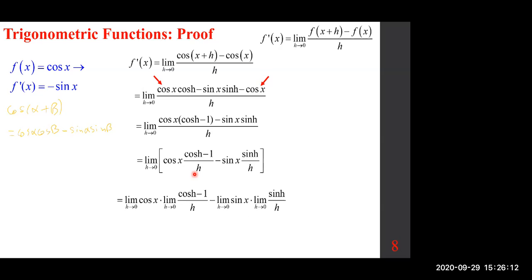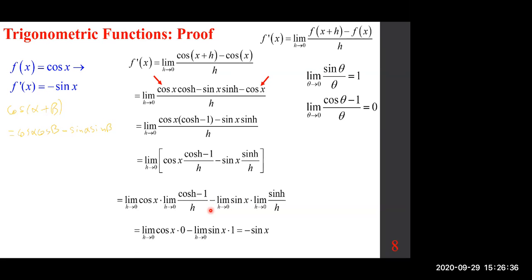And now everybody remembers this limit is what? 0, right? This whole thing goes to 0 because this is cosine. And in this case, this is 1, so you get only this one, which happened to be sine with a negative in front.